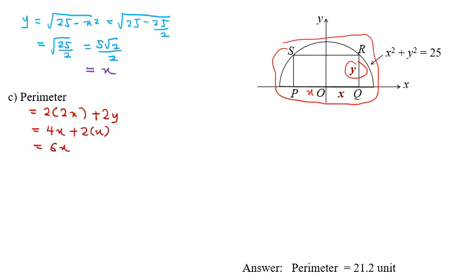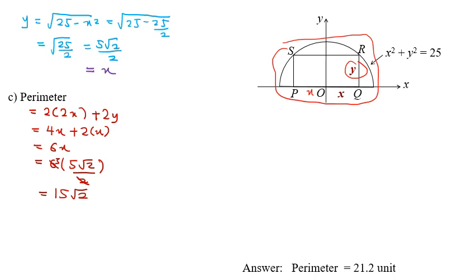So we got 4x plus 2y, and substitute y equals to x, so plus 2x. So the perimeter would be 6x, and then substitute the value of x, that is 5 root 2 over 2. Then we can conclude that the perimeter is 15 root 2.